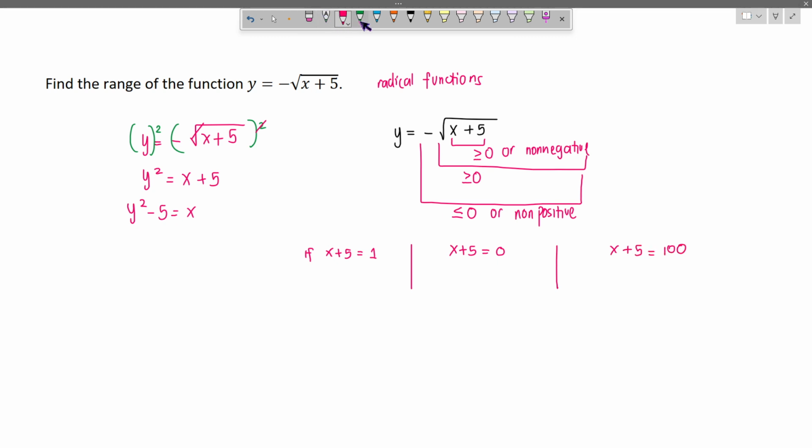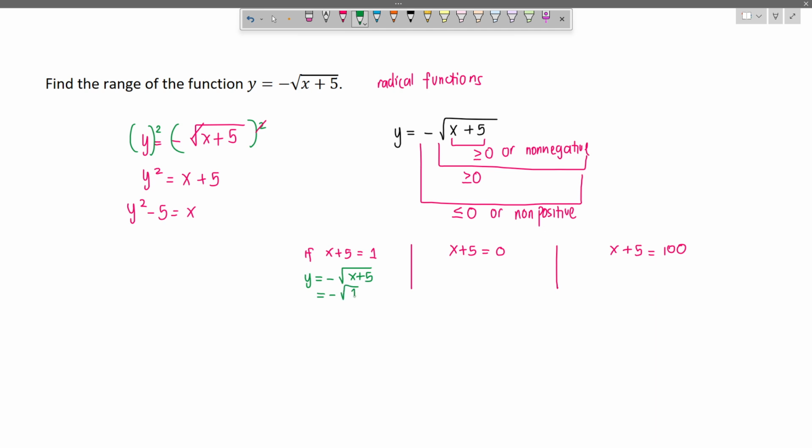You don't need to do this, I just want to show you why it's like that. So let's plug it in. Y is equal to negative square root of x plus 5. So if we substitute, we know that x plus 5 is equal to 1 because, again, the numbers inside should be greater than or equal to 0 only.